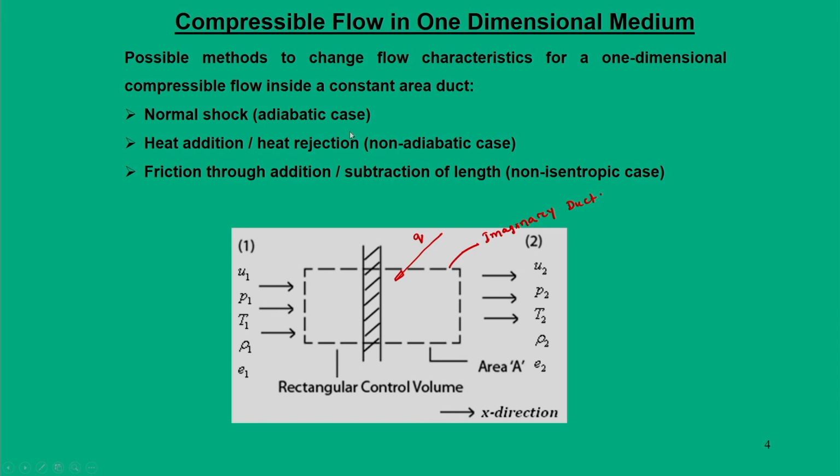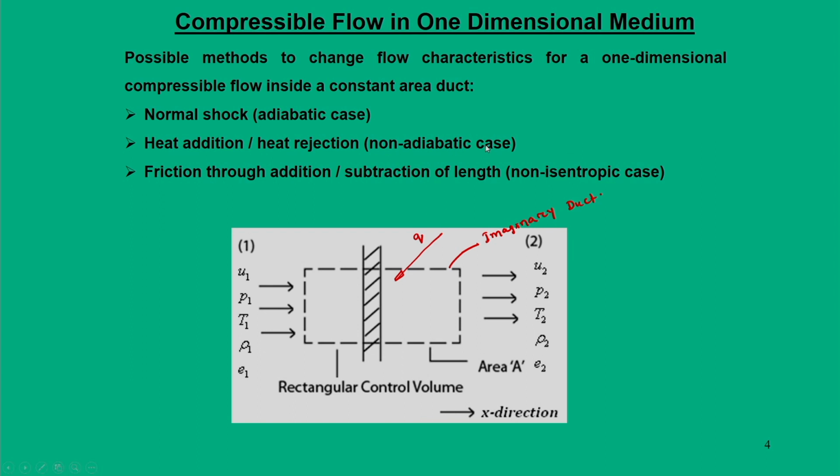In general, there are three possible methods in a one dimensional medium for a compressible flow in a constant area duct. Those methods are a normal shock, which you have already covered, and that is an adiabatic situation; next is heat addition or rejection, which is obviously a non adiabatic case since heat is being added or rejected.